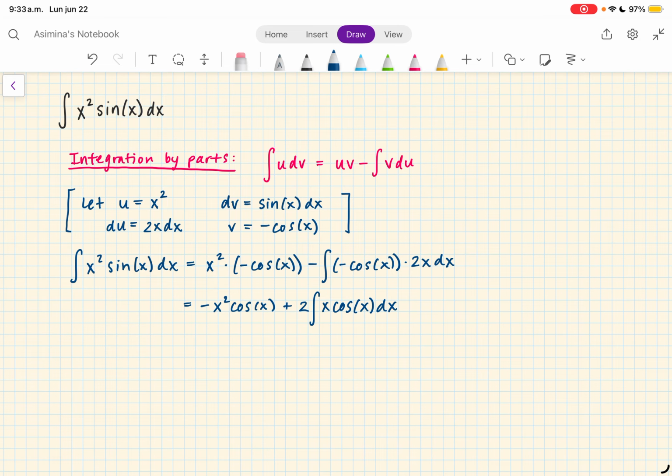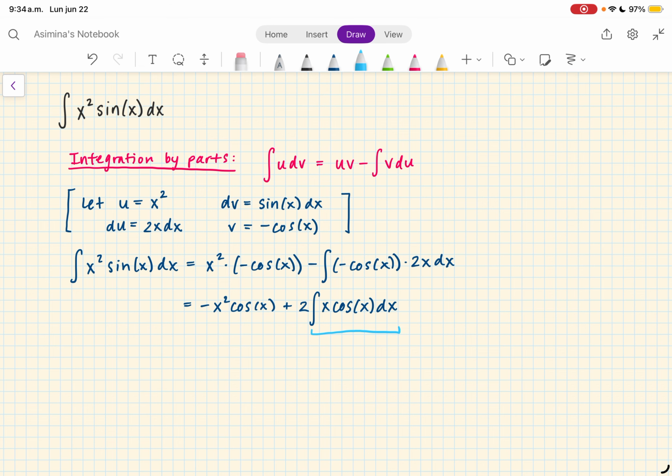Okay, great, but we're not quite done yet, right? Now we have another integral to solve. We need to solve this integral of x cosine of x dx. Now again, we don't immediately know what the antiderivative of that is, and perhaps the next integration trick we know is u substitution. But again, I can either choose u to be x or cosine of x, and neither is helpful. So we're going to want to try to use integration by parts again.